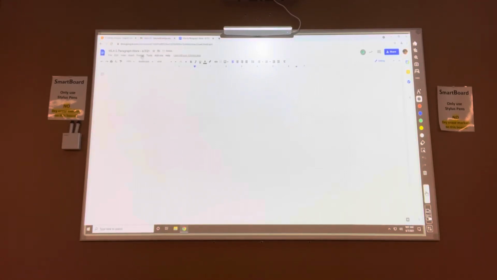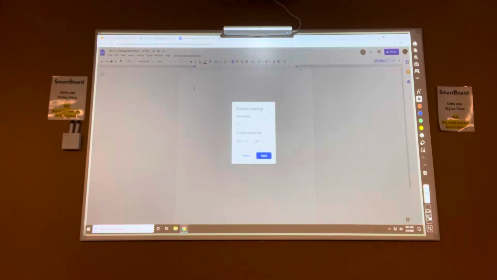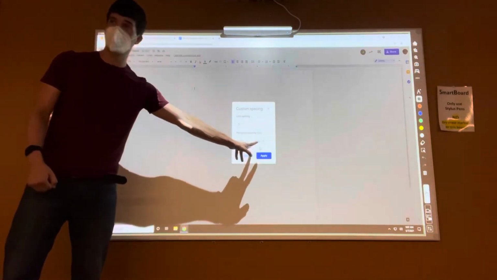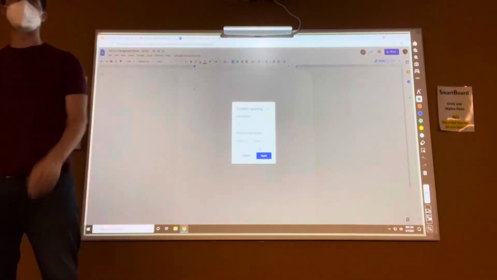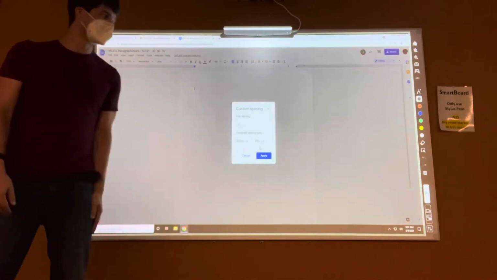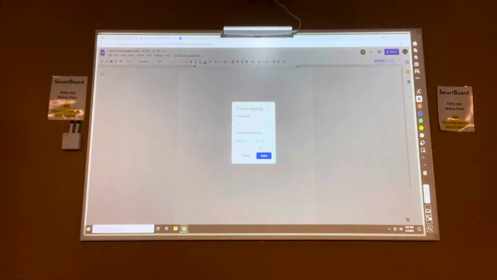You also, by default, all right. By default, I guess in Google, they don't have spaces after paragraphs. But basically in every other word processor they do. It'll give you an extra space after a paragraph. You will turn that off.